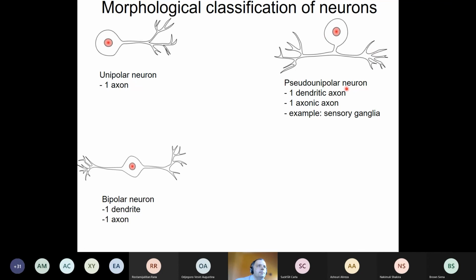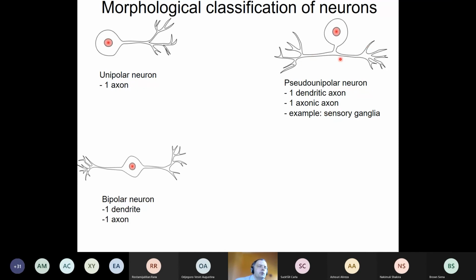And nowadays, people usually use the term peripheral process or dendritic axon for one process. And the other one, which goes to the brain or to the spinal cord, is the axonic axon or central process. And similar cells you will find in the sensory ganglia, and this will be discussed today. Therefore, I will show you histological examples for that at the end of this lecture today.